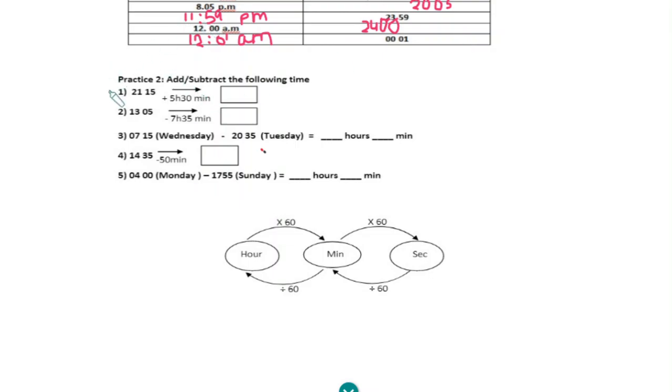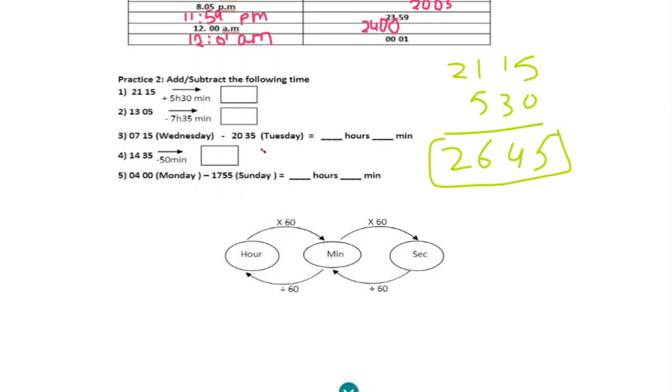Practice 2, question number 1. So the time is 21:15 and we need to add 5 hours 30 minutes to it. So you write 21:15, add 5 hours 30 minutes to it. We get 26:45. Now 26:45 means you've gone into the next day, because the 24-hour clock ends at 24.